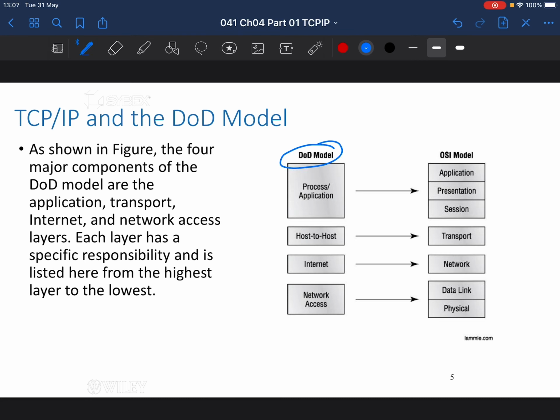First is the application, second is the transport, third is the internet, and the fourth is the network access layer. Each layer has a specific responsibility and is listed here from the highest, the first layer, to the lowest, the fourth layer.